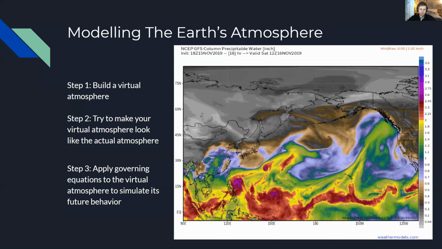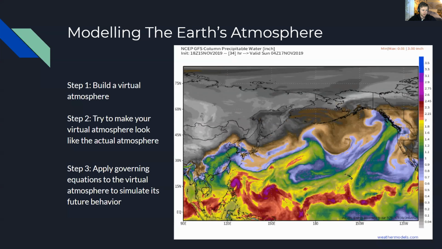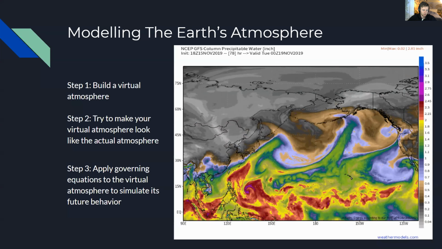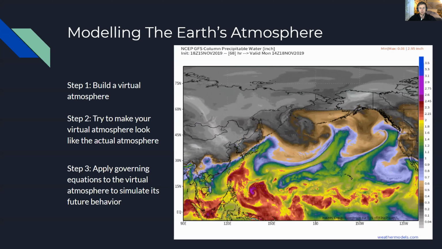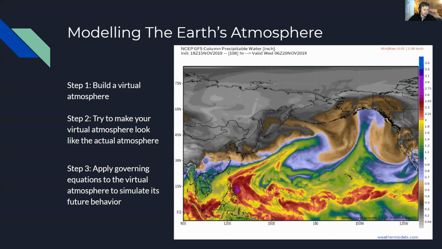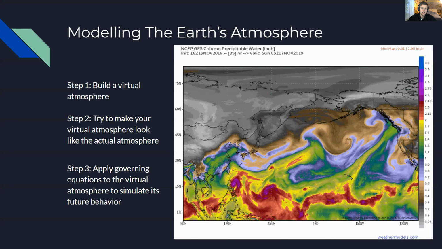Then what we want to do is make our virtual atmosphere look like the actual atmosphere, so that we're closely approximating, to the extent that we can, the initial state of the atmosphere. This is basically us trying to figure out where the train is right now. And when it comes to the atmosphere, that is a highly non-trivial question.